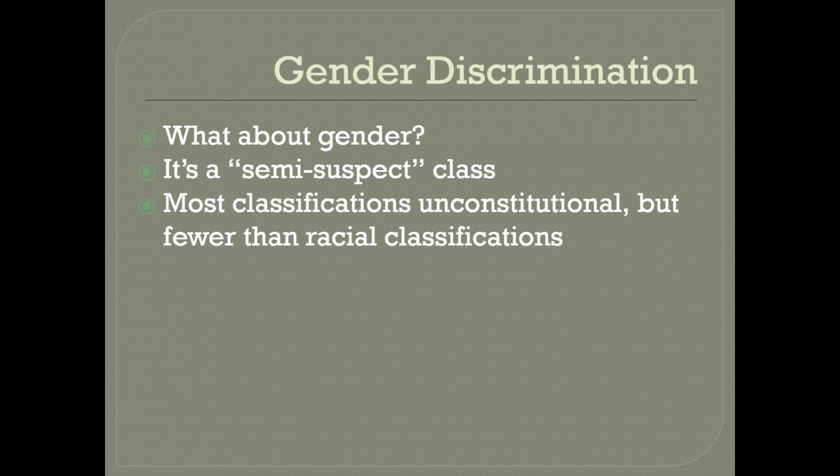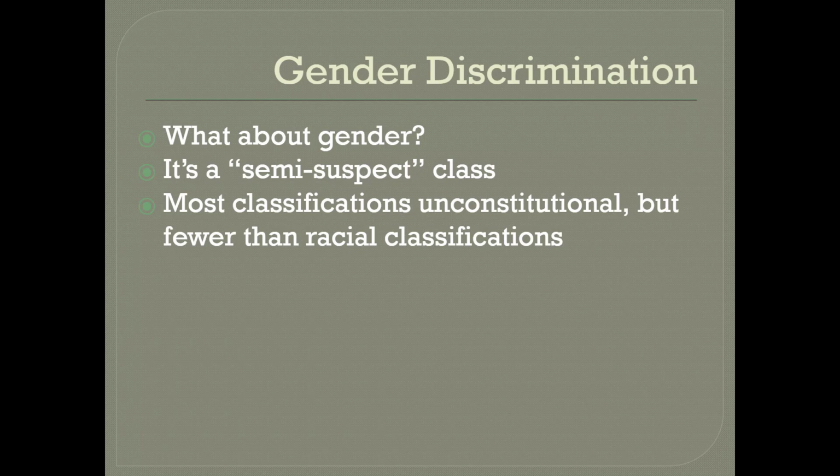What does that mean? Well, I won't get into the specific legal test, but the semi-suspect classification for gender basically stands for the proposition that virtually all differences between men and women are irrelevant under the law, but occasionally it is justified to treat people differently on the basis of their gender.